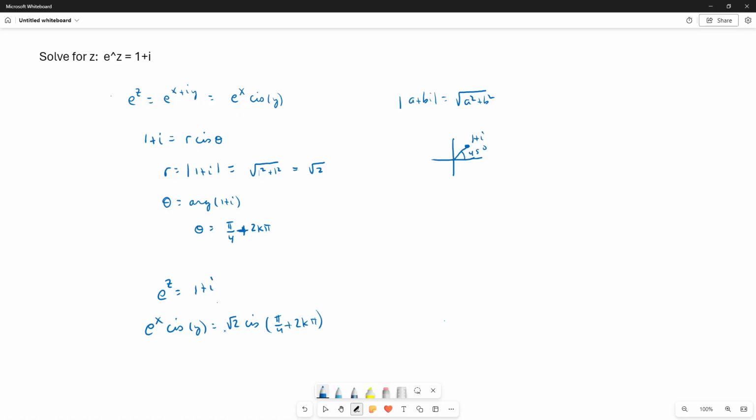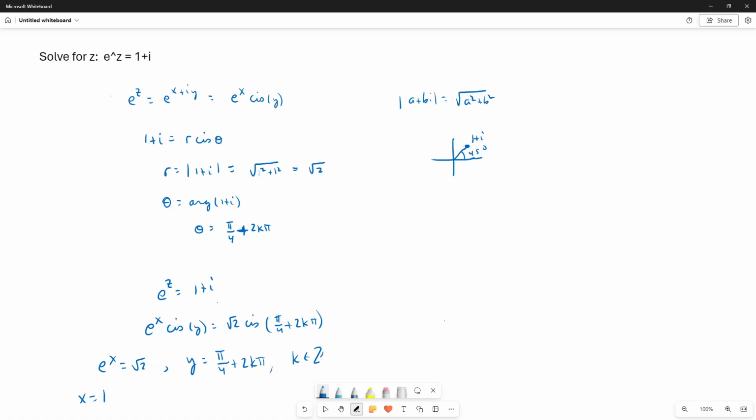And now we just equate the various parts. e to the x equals the square root of 2, and y equals pi over 4 plus 2k pi, where this k is any integer, positive or negative or 0. So there are infinitely many choices for y, which means that there are infinitely many solutions to the equation.